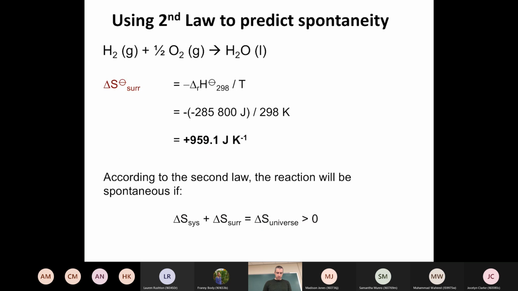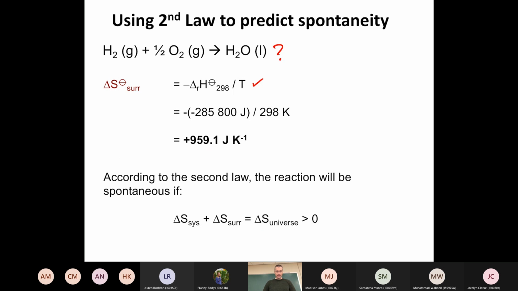The delta S of the surroundings, we know, is the delta H of the reaction divided by T. How do you get the delta H of this reaction? You can get it a couple of ways. You can use a calorimeter and measure it, or you can use the enthalpies of formation and calculate it, or you can get an estimate at least using the bond dissociation energy method.